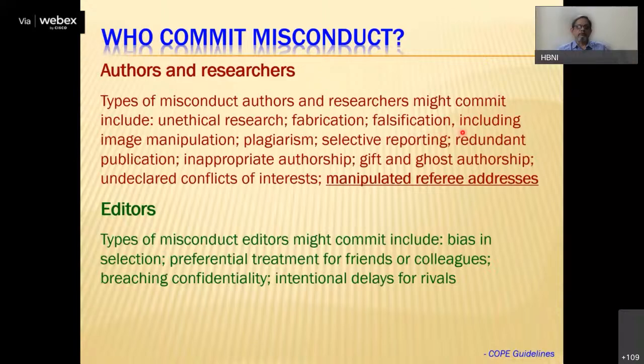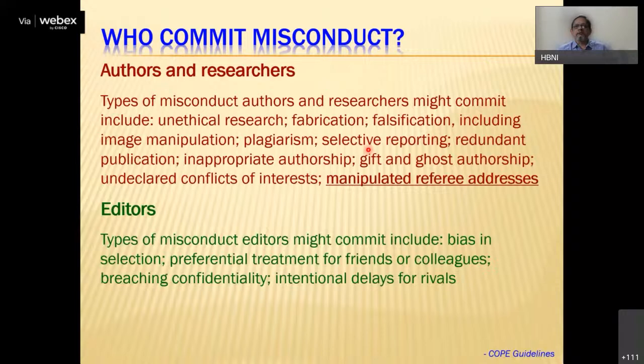Falsification of data includes, of course, image manipulation, which is very often seen in biological and medical journals. Selective reporting: I have also talked about how selective reporting can affect results, because everyone, as I said, likes to see only good data.